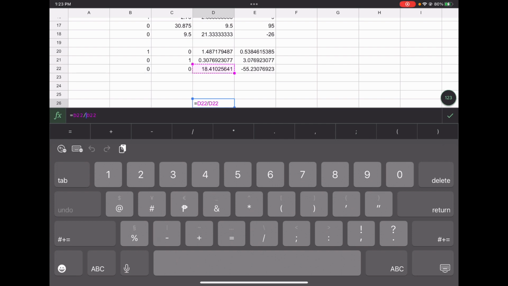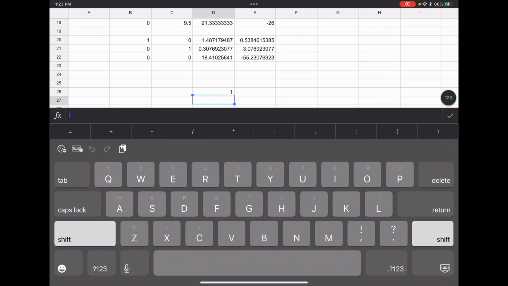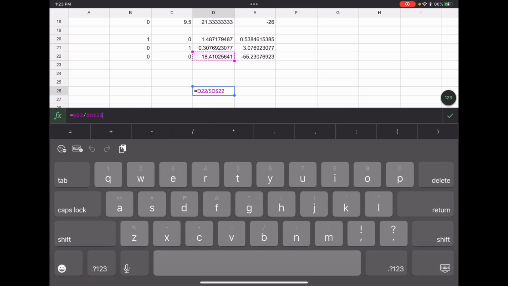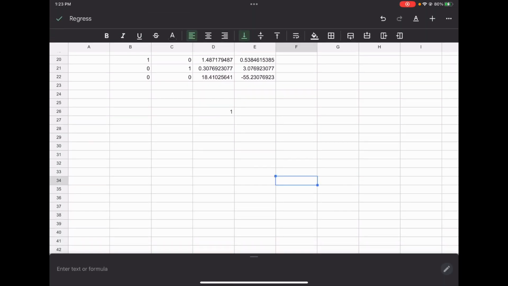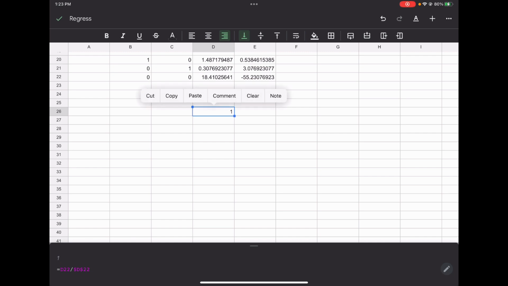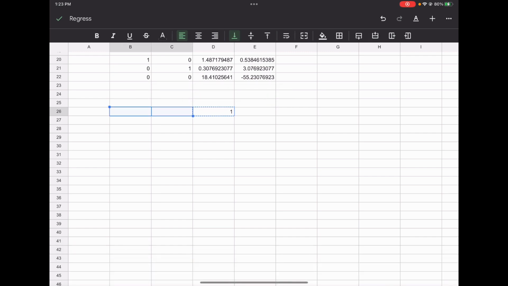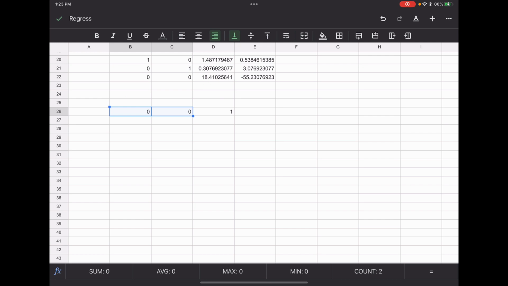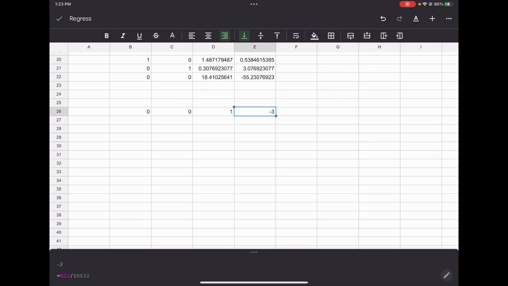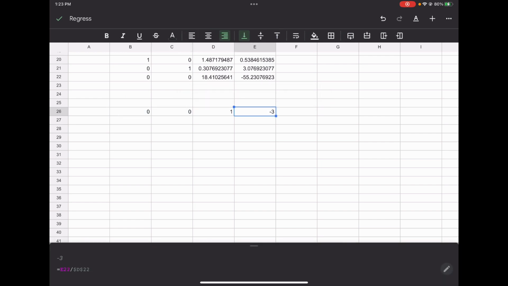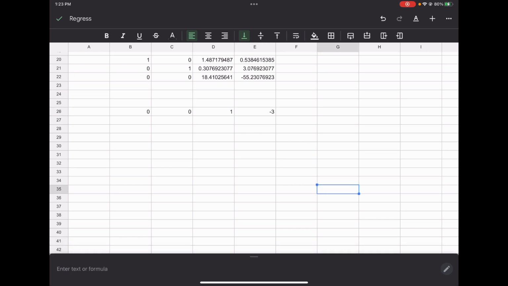Then we make that, then we transform this one.